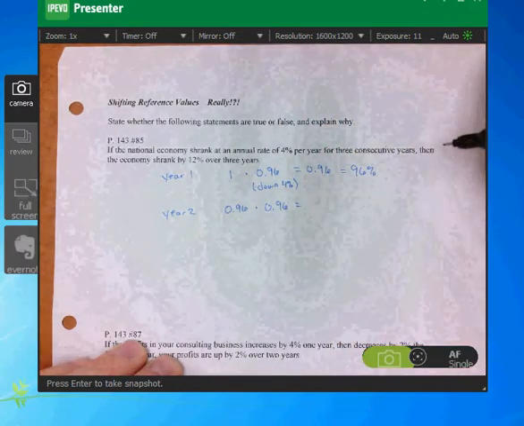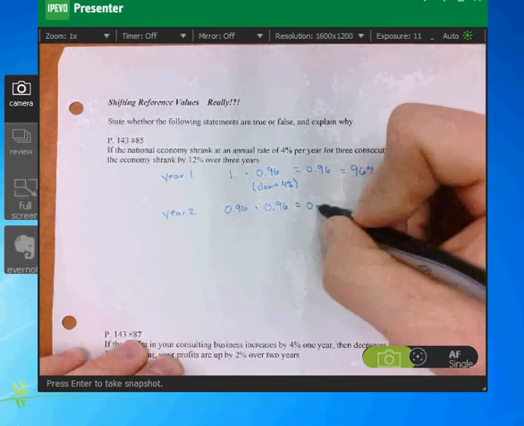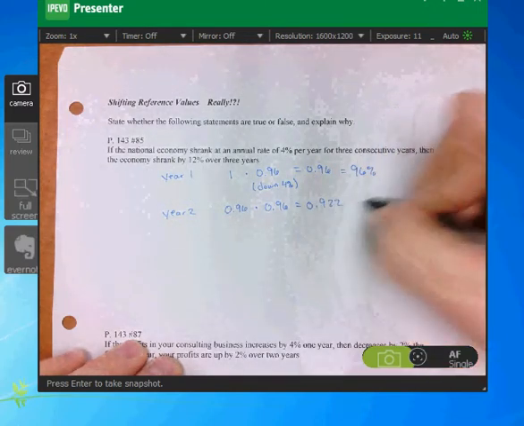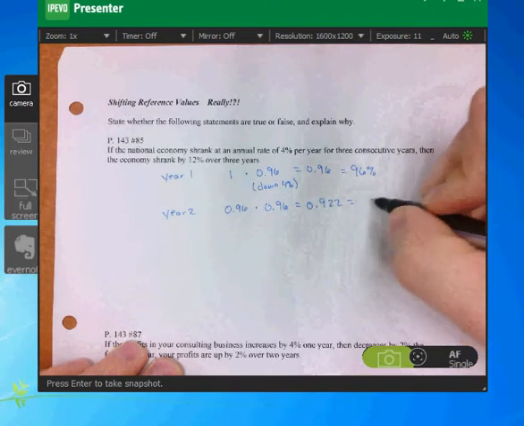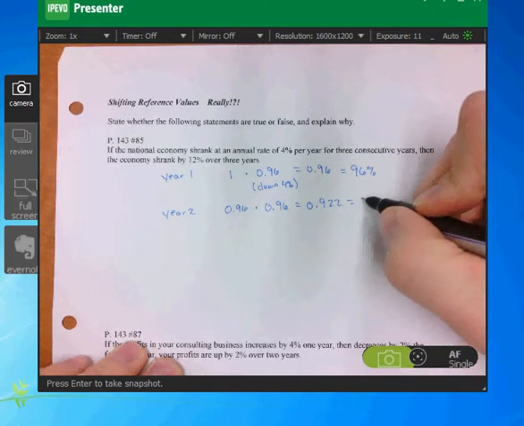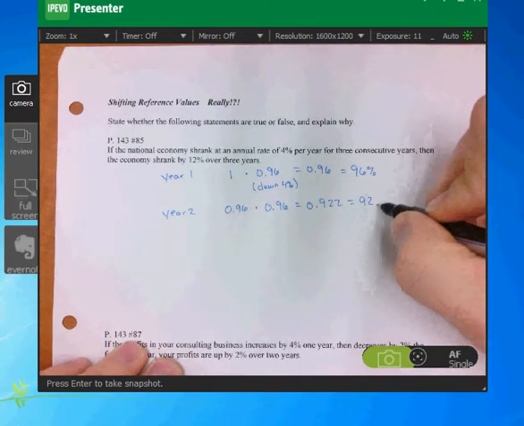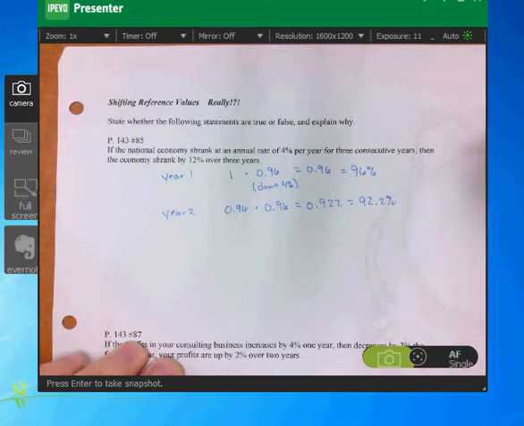That's going to give me 0.922. So now, from where we started in year 1, I'm at 92.2%. So I'm still down.